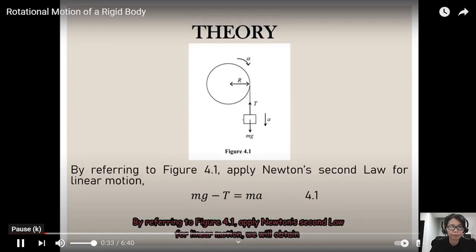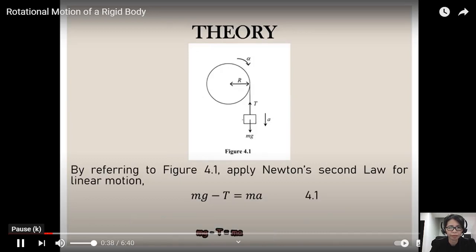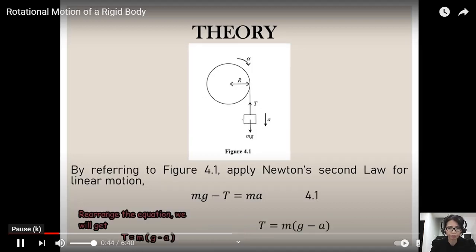By referring to figure 4.1, applying Newton's second law for linear motion, we will obtain mg minus T equals ma. Rearranging the equation, we get T equals m(g minus a).